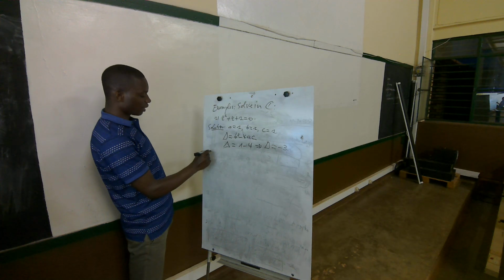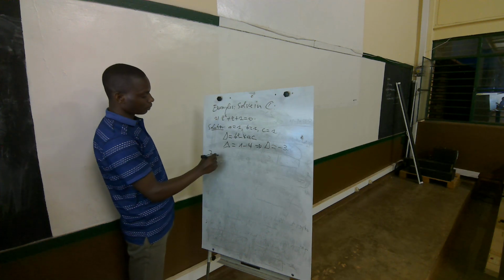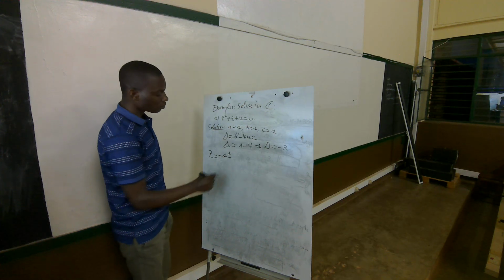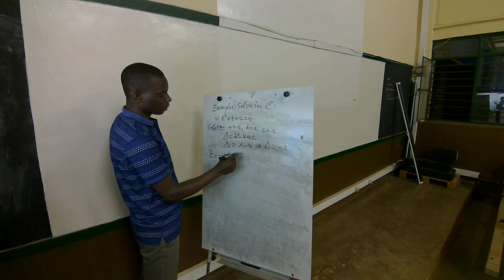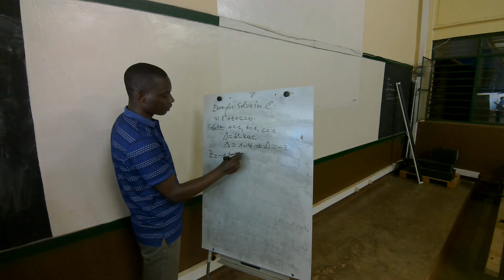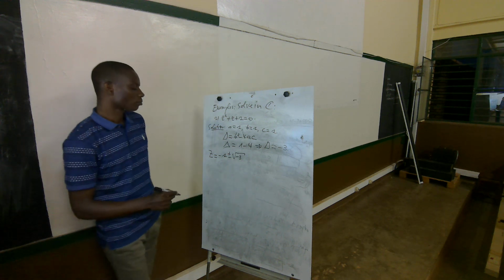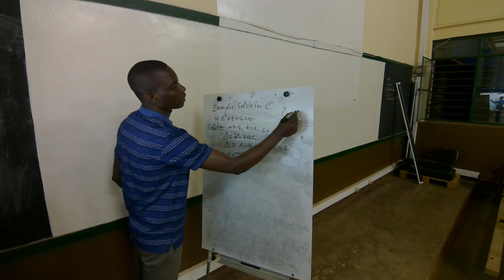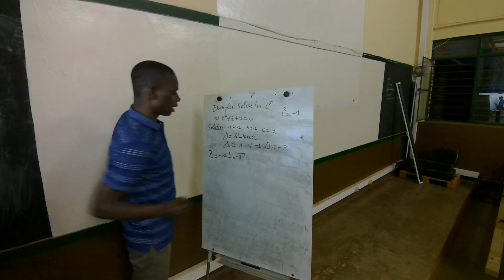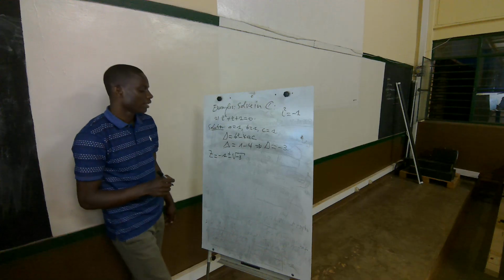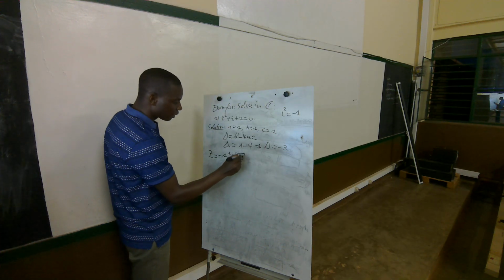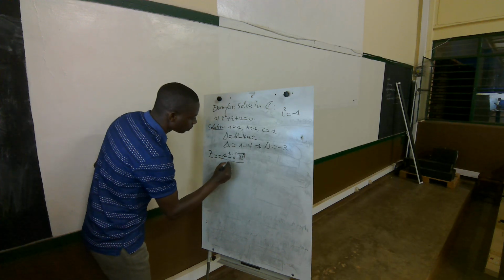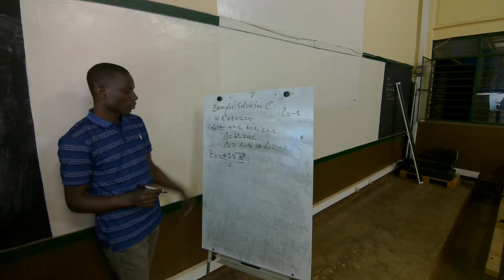Where we have seen that z is equal to negative b, which is negative 1, plus or minus square root of negative 3. And negative 3, we know that i squared is equal to negative 1. Now, instead of having negative 1 here, we are going to have i squared. And now we have over 2a, which is 2.